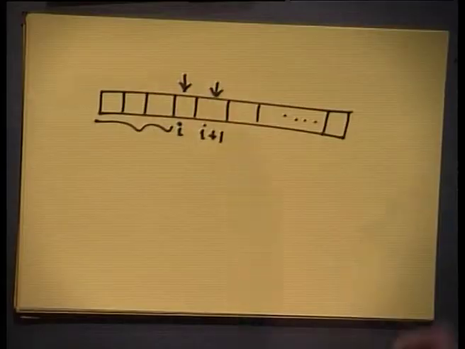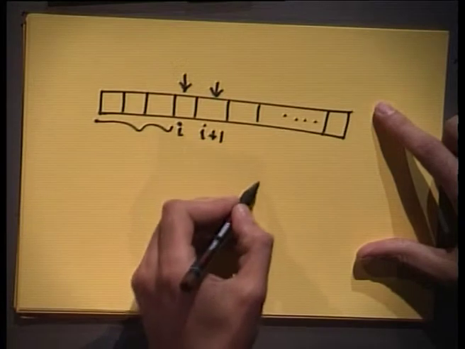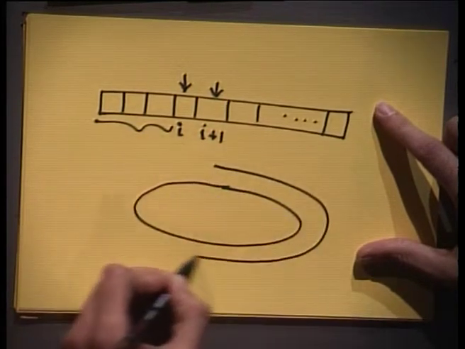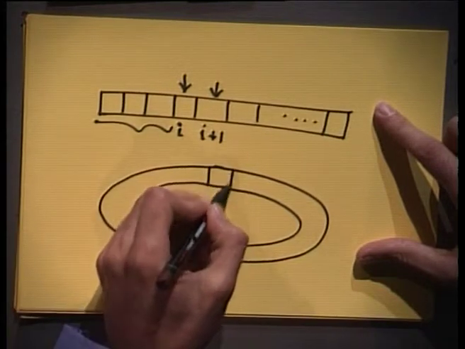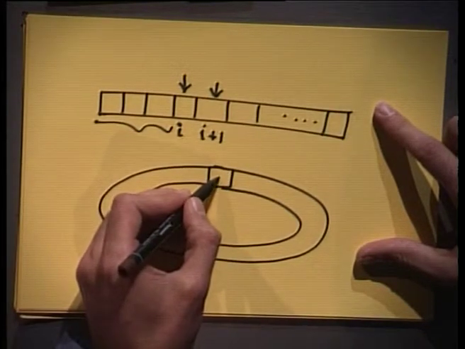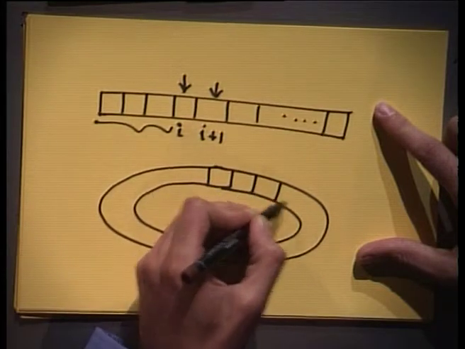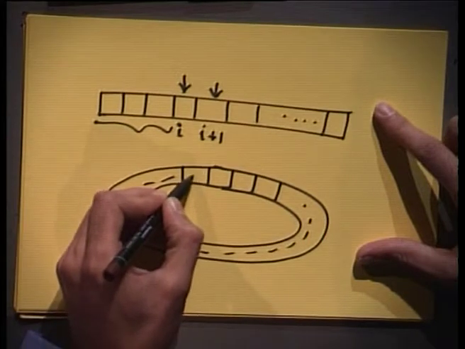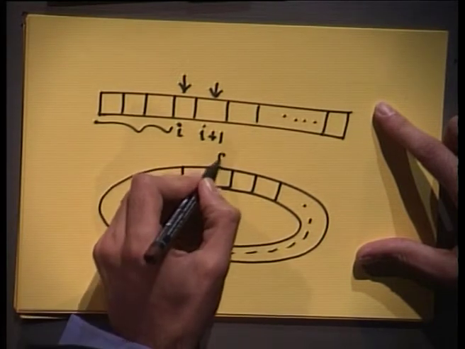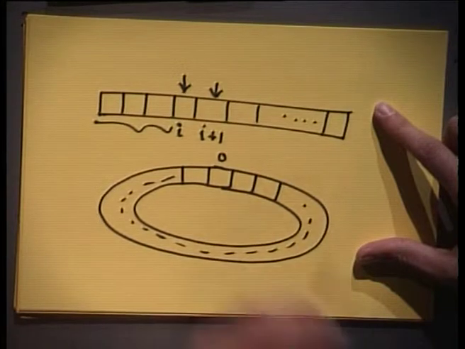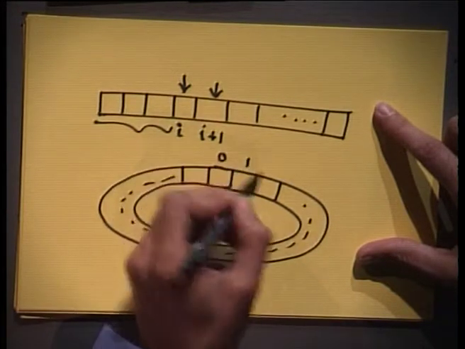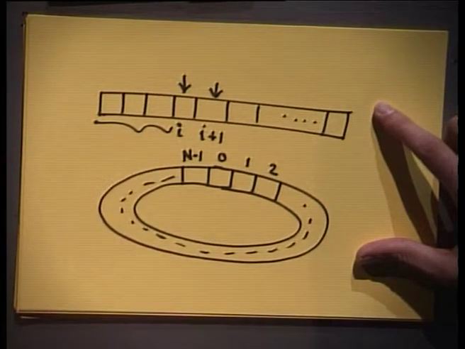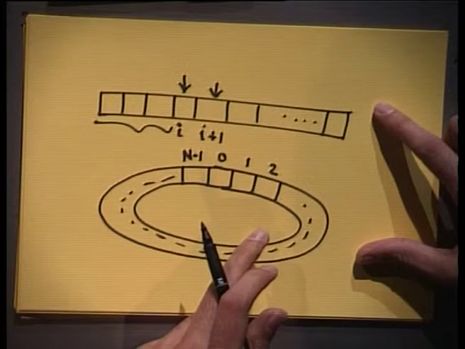So the circular array conceptually looks like this. This is entry number 0, and this is number 1, 2, and so forth, around this donut till I get to the last entry, which is n minus 1, assuming that I have n entries in here.